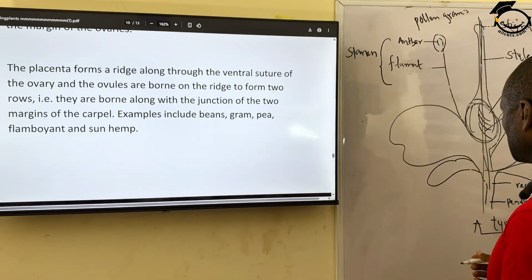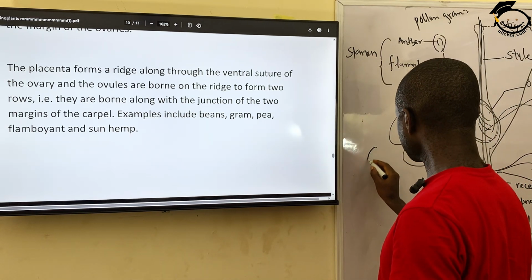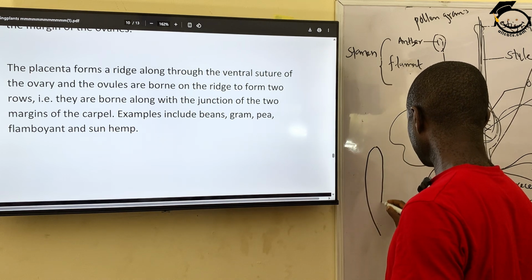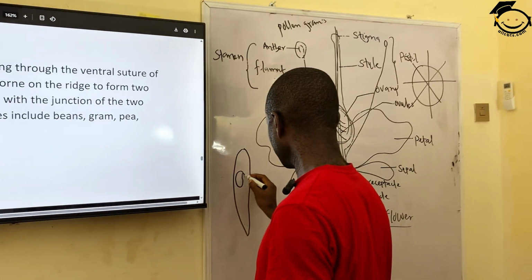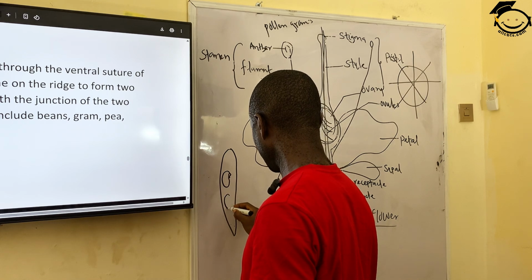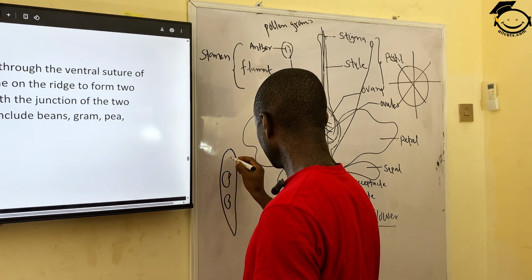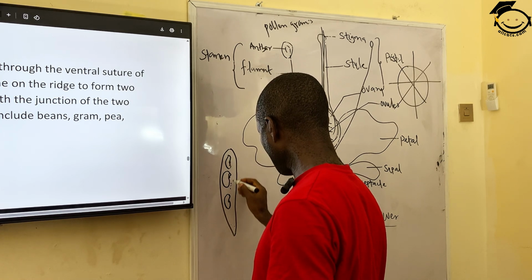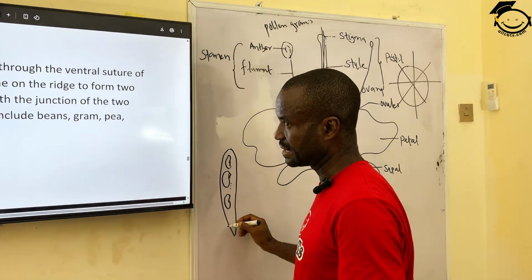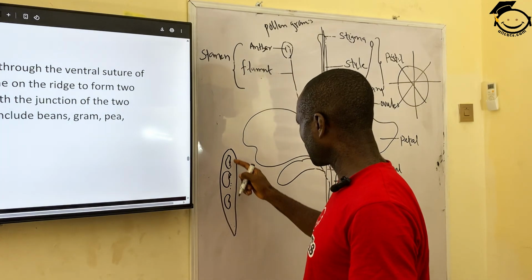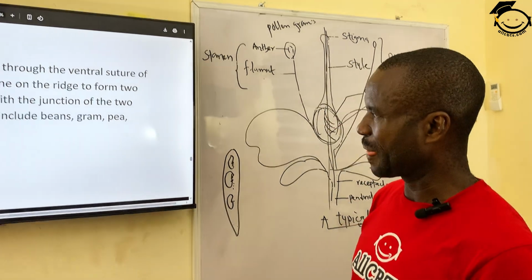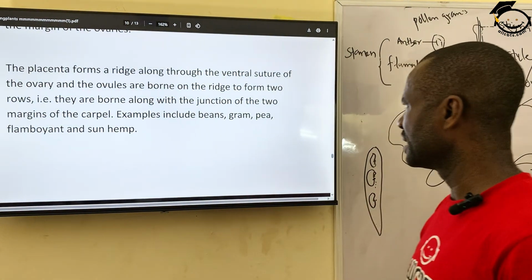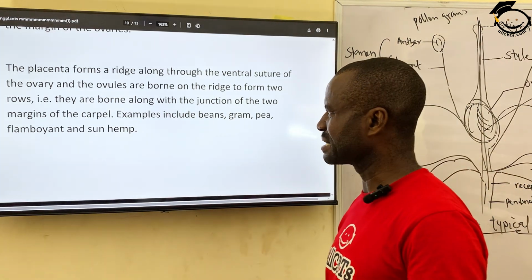If you've ever seen a bean pod, the seeds are attached along a margin here in the pouch. Around the margin like this, you can have about 3-4 seeds. That kind of arrangement is what you call marginal. Examples include beans, gram, pea, flamboyant, and sunhemp.